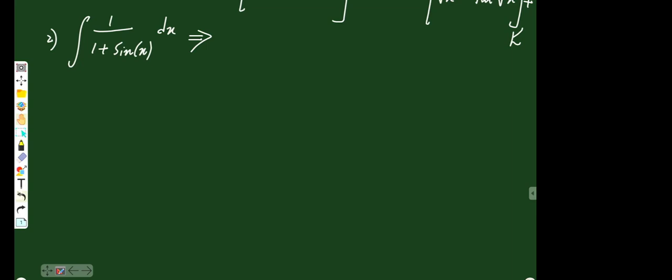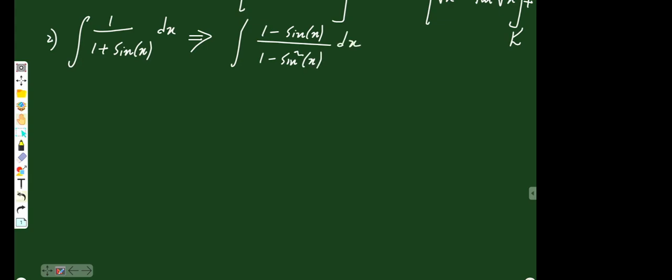So let me do what Aman did. Aman is saying do this: 1 minus sin x divided by 1 minus sin squared x, right?